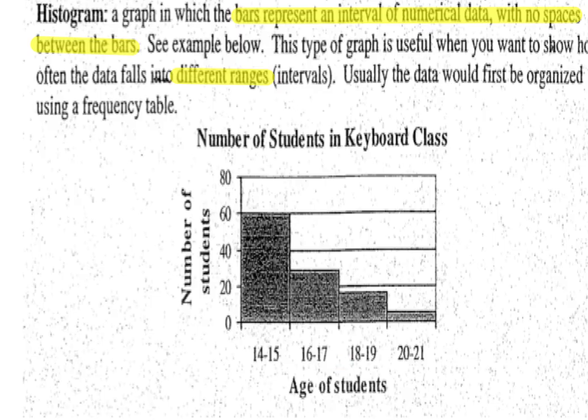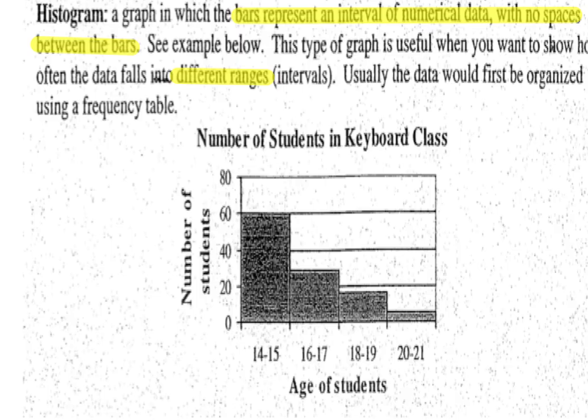So in a histogram, each bar doesn't represent just one thing. It represents a range or an interval of data points. So anyone who was 14 or 15 fell in this bar. So there were 60 students that were either 14 or 15. There were, looks like maybe 30 students that were 16 or 17. Okay, so those intervals are specific to a histogram.